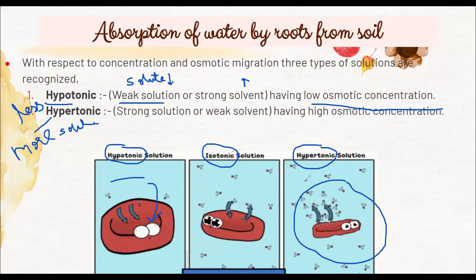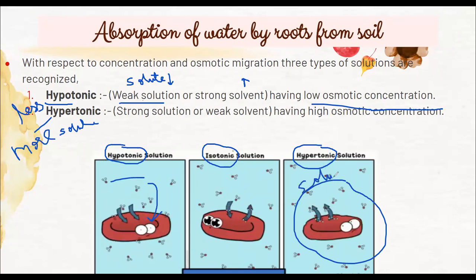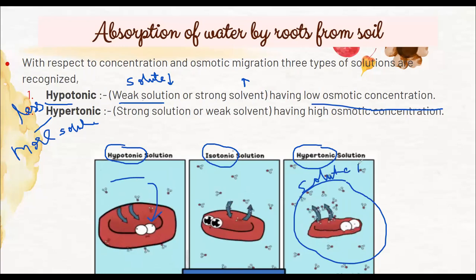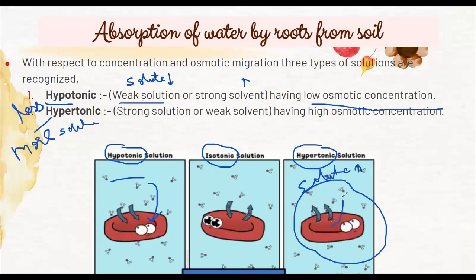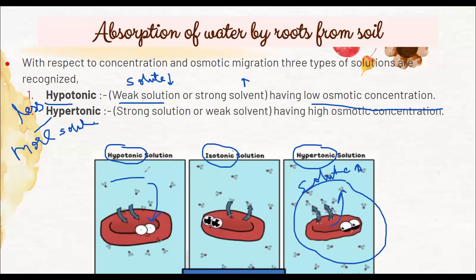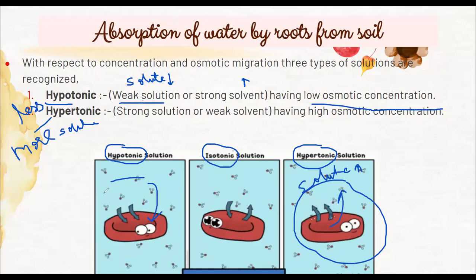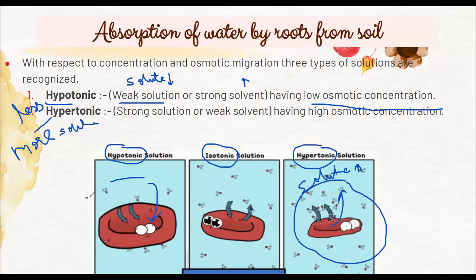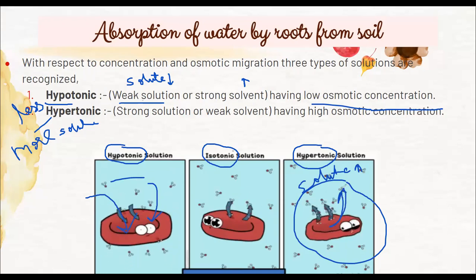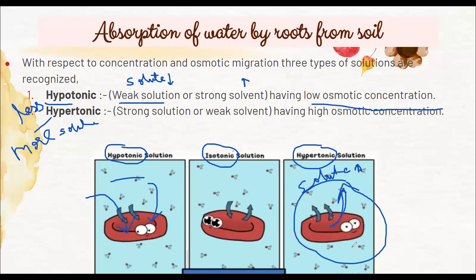More solutes over here and less solute, or the osmotic concentration is less inside the cell. So tendency of water will be to move from inside of the cell to the outside, exactly opposite to hypotonic. Here the tendency of water will be to move from outside to inside of the cell.